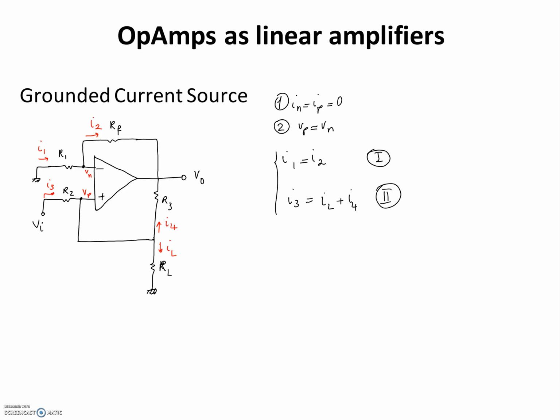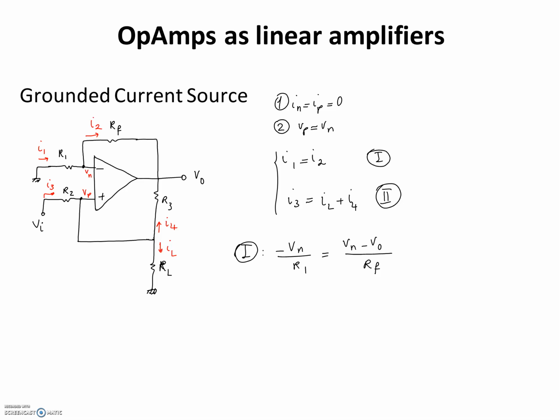So from equation number 1, if I want to write I1 in terms of node voltage equation, that's going to give me negative Vn divided by R1, which is equal to Vn minus Vout divided by Rf.